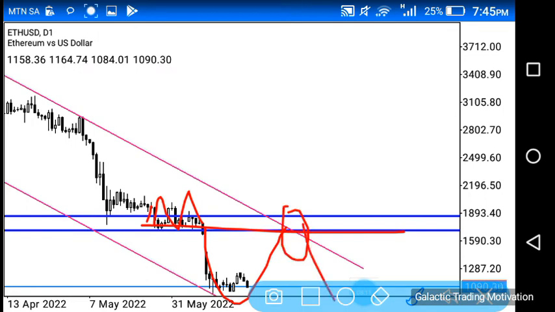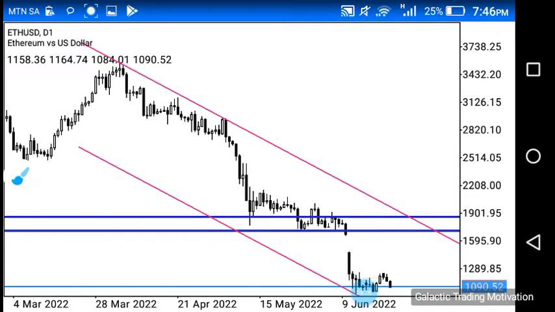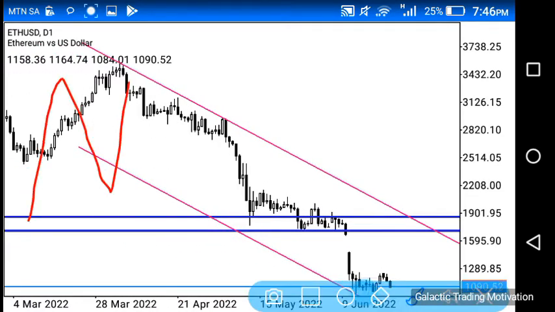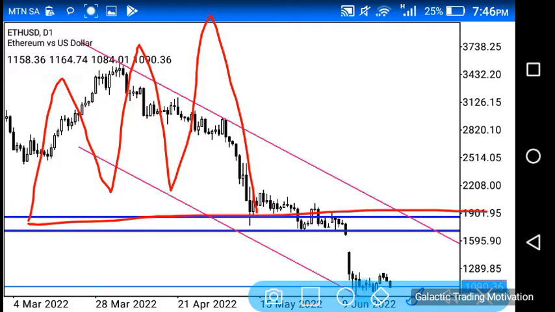So should price from where it is come to this region again, we will definitely be looking for a sell, and that's because we have an M formation here, and its neckline is there. To add to that, we also have that huge head and shoulders pattern that I spoke about, which also has a neckline in the same region. So that is confluence.